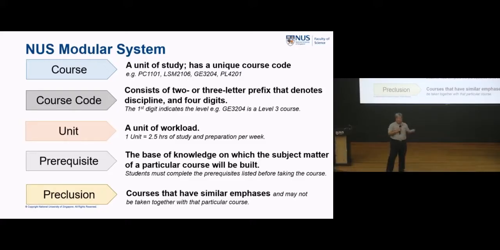The second number also has a meaning, by the way. It's not just, okay, this is 3,000, and then after that this is the 100, and Dean said we got 1,000 courses, so we just number 1, 2, 3, 4. No. Actually, if the second number is 1, it's probably a compulsory course for your major.